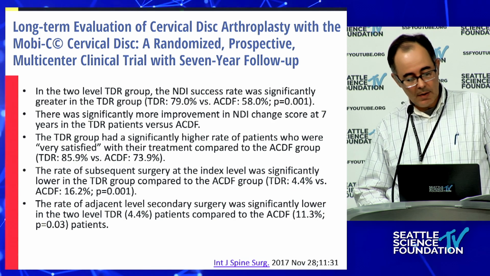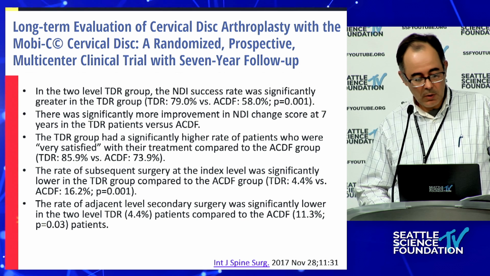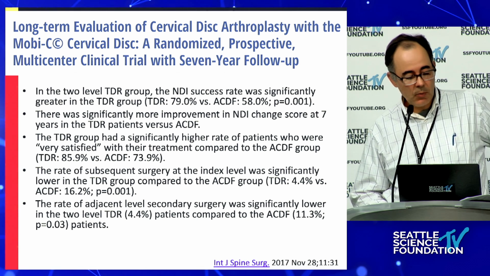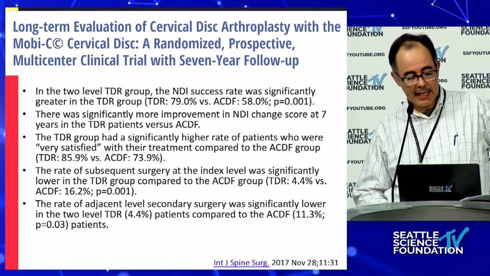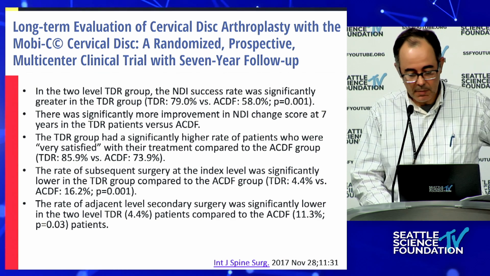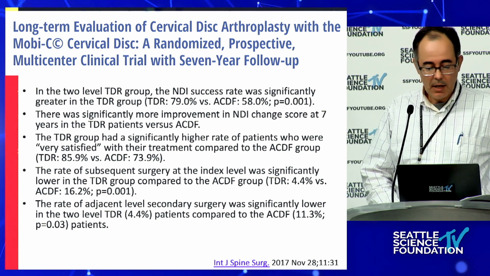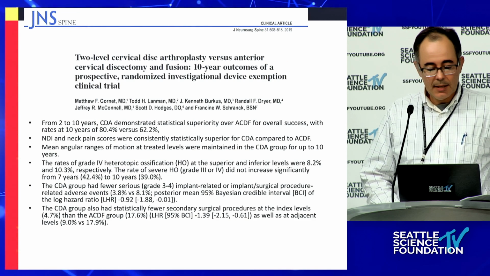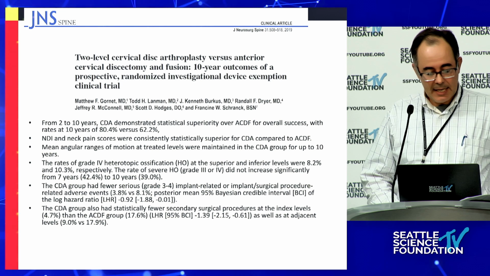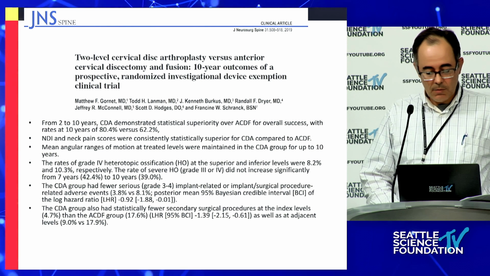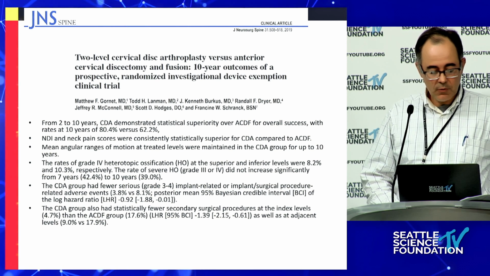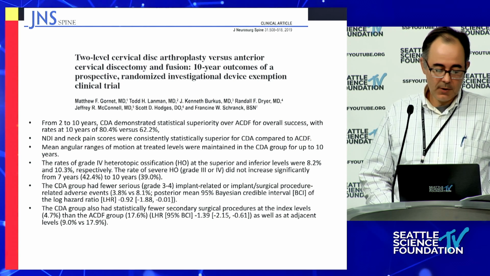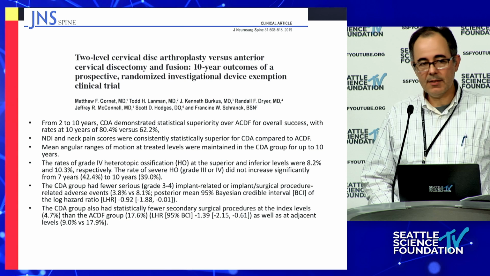It's again further evidence to support that arthroplasty had a reduced rate of secondary surgeries when compared to fusion within a certain time period. This is 10-year data published in 2019. The reoperation rate was 4.7% in the arthroplasty group versus 17% in the ACDF group.